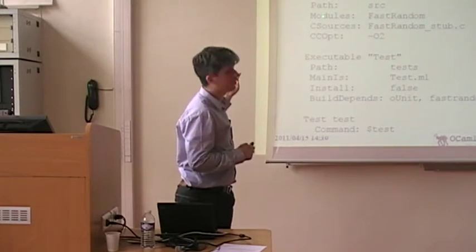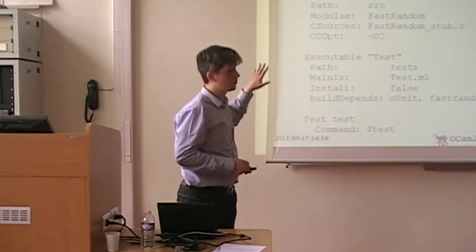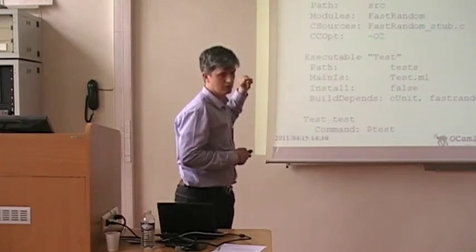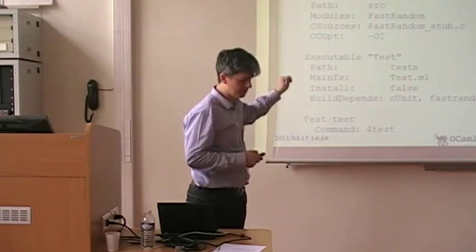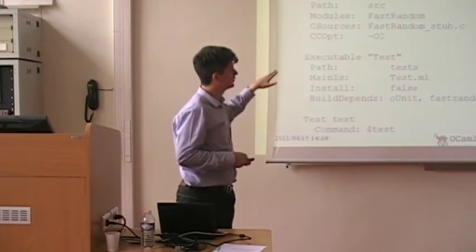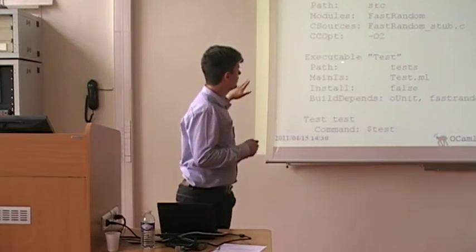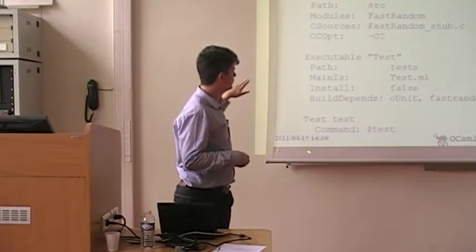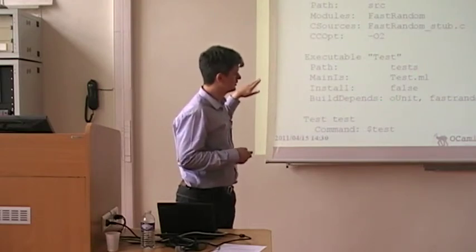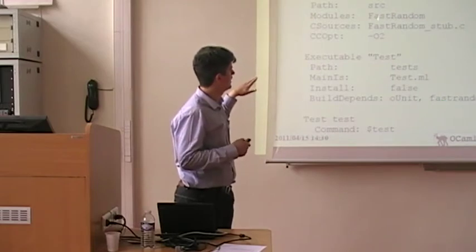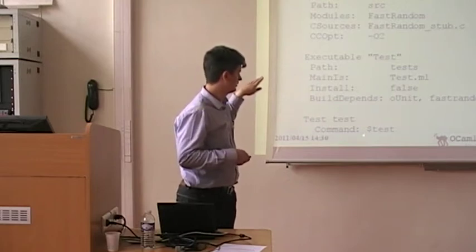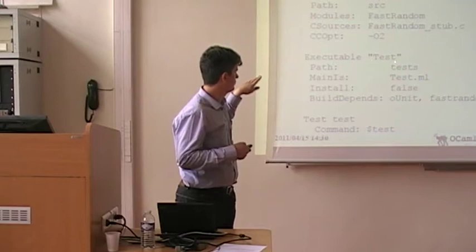Here you have the description of a library, and this library is quite complex because we use a C stub, and we even use a CC opt option, which is quite advanced; I don't do that for every one of my projects. In these two sections, I describe a test that depends on OUnit, because I use OUnit, and fast random, which is a library I just created. And here is the test I will run using this command, which is just the command I created here.